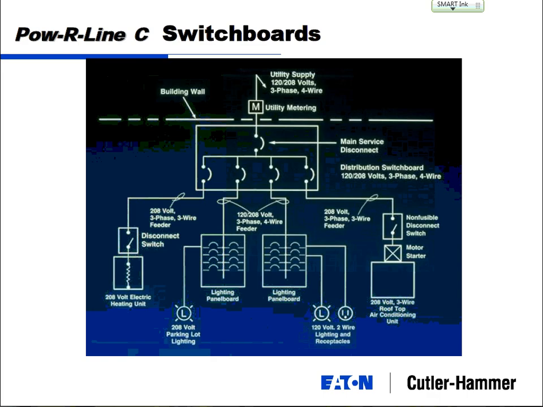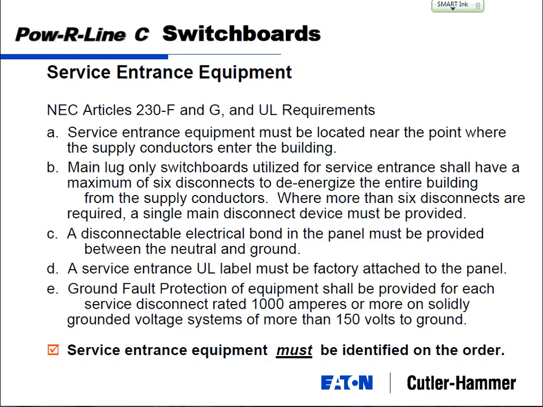Okay, going back to our standard distribution here, here's the building wall. We've got your utility metering either outside the wall or inside the wall. But this point right here, which I mentioned early, is your main service disconnect or service entrance point.